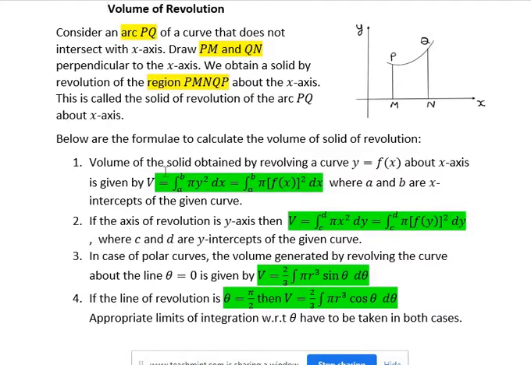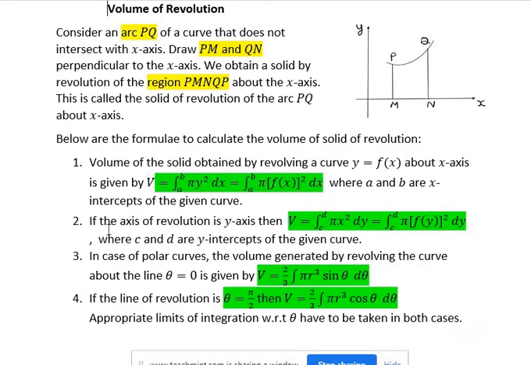First one, the volume of the solid obtained by revolving the curve y equals f of x about the x-axis is given by V equals integral a to b pi y squared dx, which is nothing but integral a to b pi of f of x whole squared dx, where a and b are the x-intercepts of the given curve.